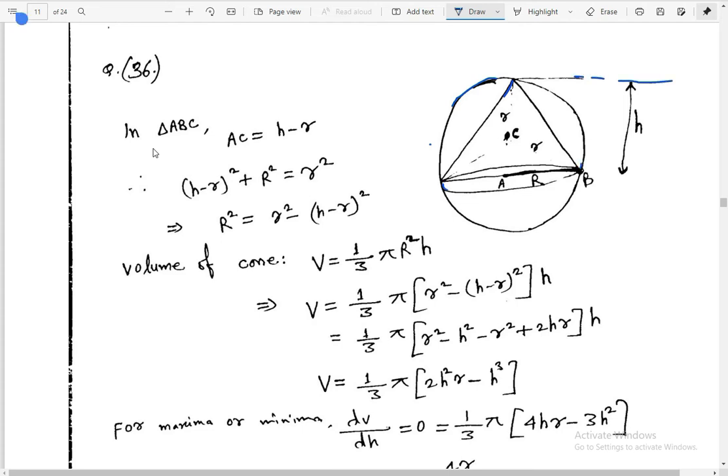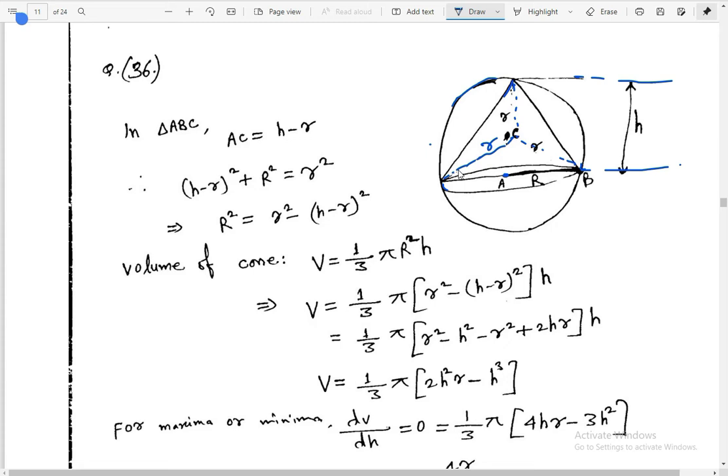This is the height h. Let's suppose this is the center, and capital R is the radius of the cone, and small r is the radius of the sphere.